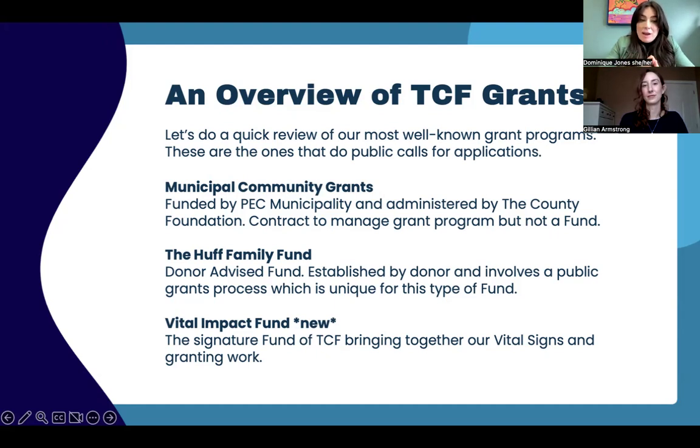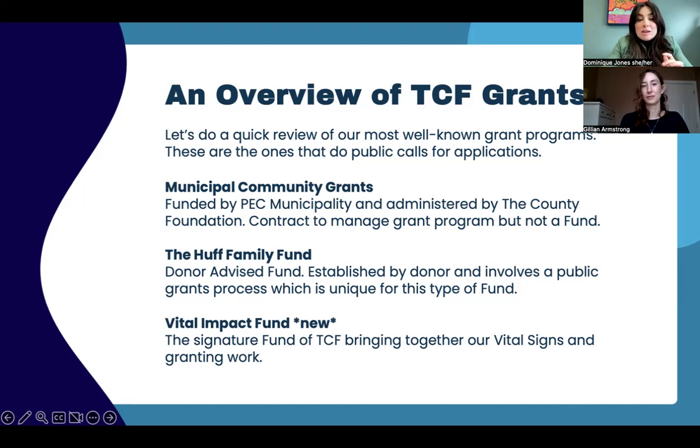And then our newest fund to enter the repertoire is the Vital Impact Fund. This is a signature fund of the County Foundation, and it brings together our Vital Signs data and our granting work. It's really looking to advance those pillars and themes of Vital Signs and move that data and those priorities forward.